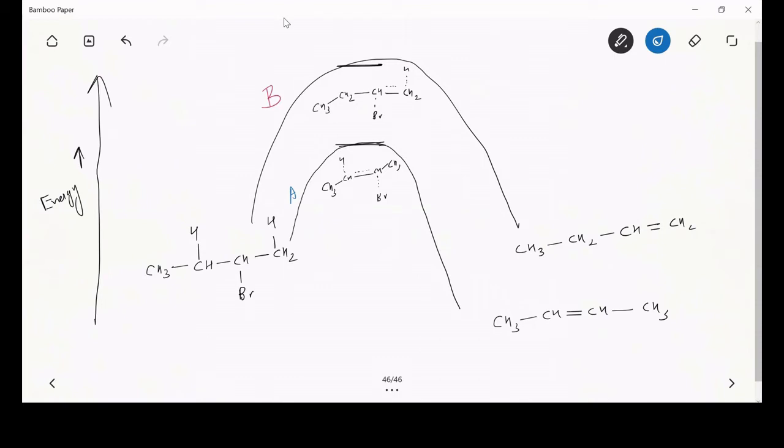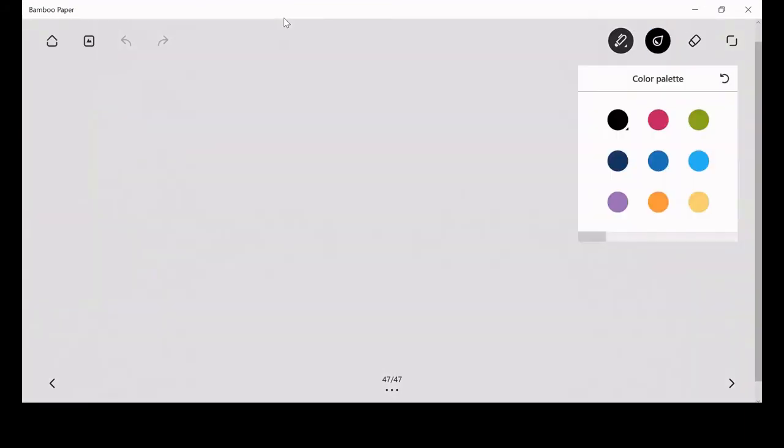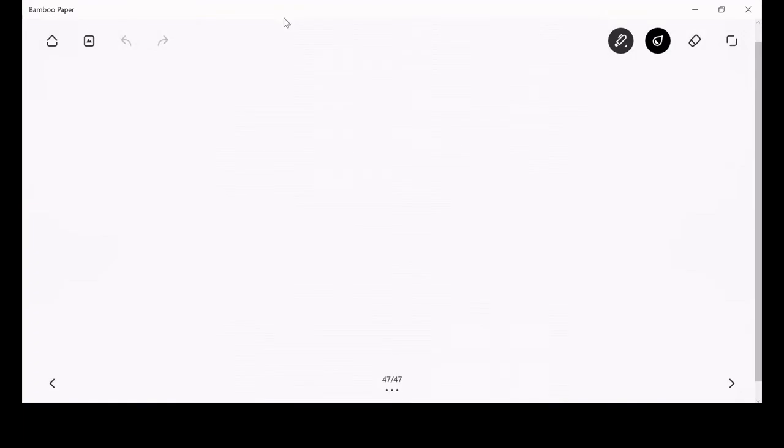Now, as I'm comparing the stability of alkenes, there must be something that we should discuss. Okay, let us take 3 different kinds of alkenes. Let us take the first one.